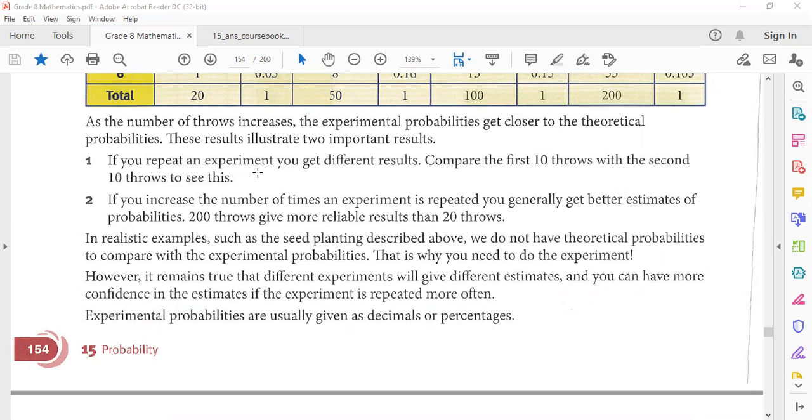If you repeat an experiment, you get a different result, so compare the first 10 throws with the second 10 throws of these results. If you increase the number of times an experiment is repeated, you generally get a better estimate of the probability. And 200 throws give you the better result.